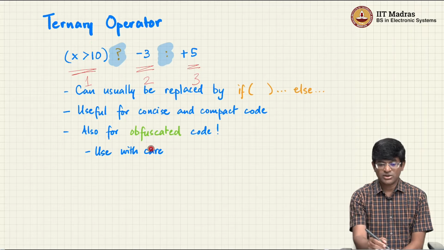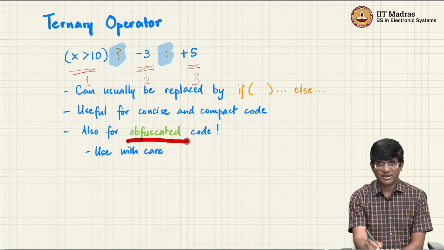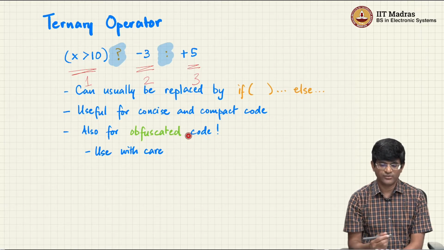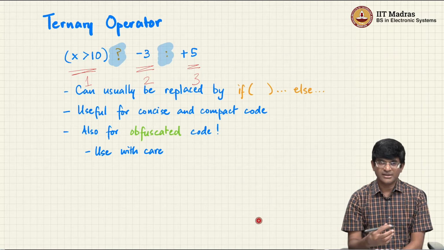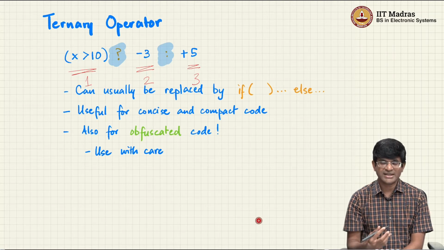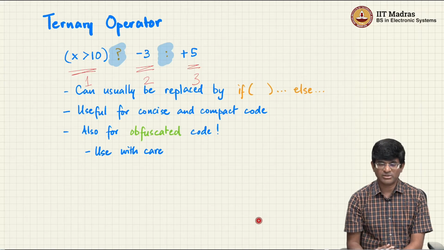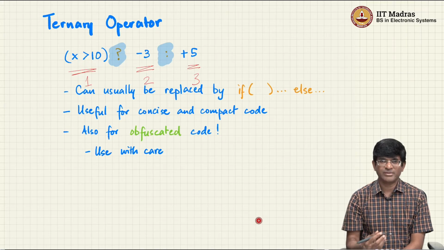The problem is it can also result in what is called obfuscated code, and this is one of the classic problems with C. C is a language that's very good for writing obfuscated code. Obfuscated basically means the meaning is hidden so deep that it's essentially impossible to understand it. There is even a programming contest called IOCCC, the International Obfuscated C Code Contest, which is about how confusing or difficult to understand you can make your code, while at the same time producing some interesting looking results.